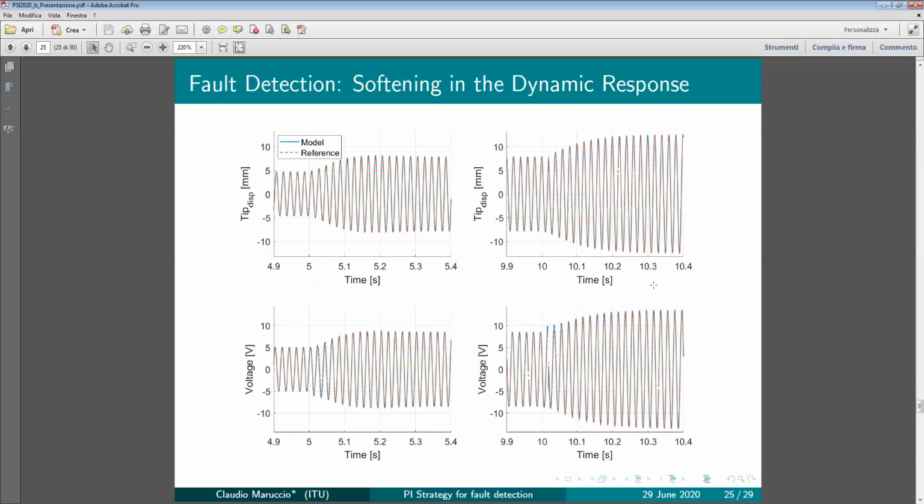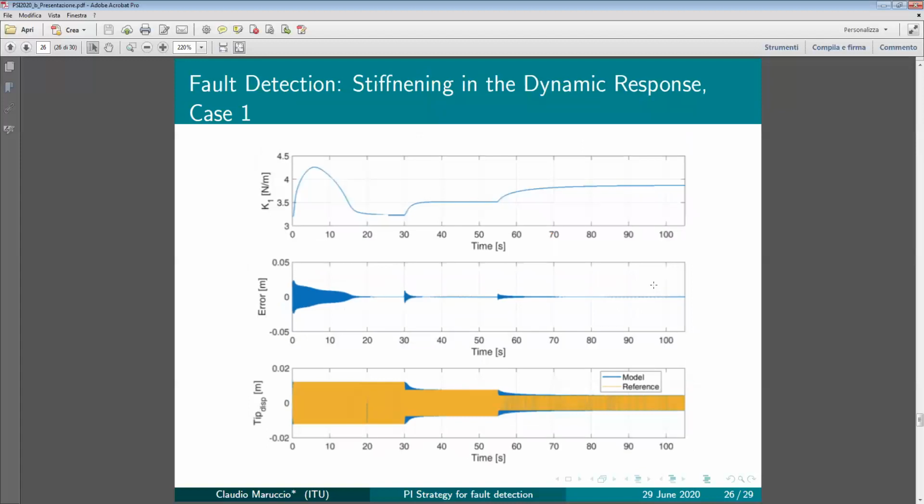For the case of softening, dynamic response, or sometimes also, more uncommonly, stiffening in the dynamic response can appear due to the appearance of faults. And again, we have considered a changing K1 parameter stiffness. And again, the system can capture and synchronize the model system with the experimental results very efficiently.